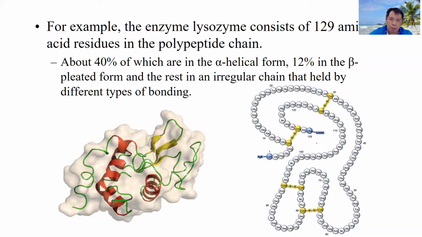Okay, then for the same polypeptide chain, the example is lysozyme. Lysozyme consists of 129 amino acid residues.